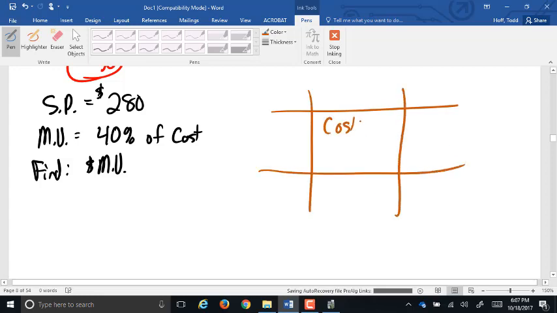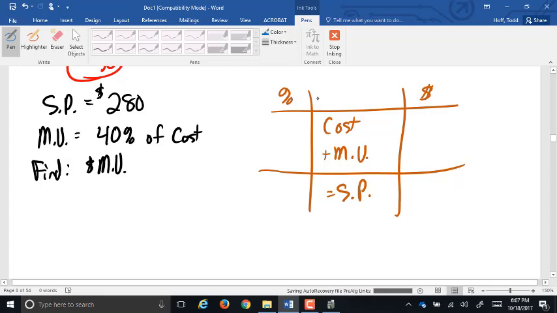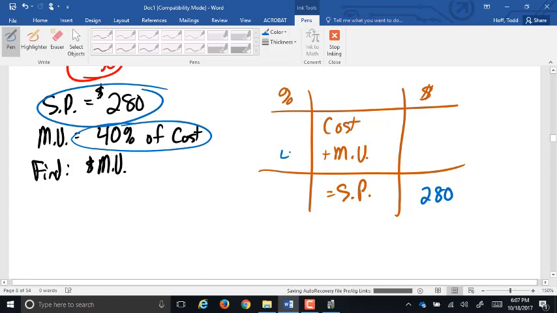So yeah, cost plus markup equals selling price. What do we know? Let's start at the top. 280 goes dollar amount of the selling price. 40 goes percentage of the markup.